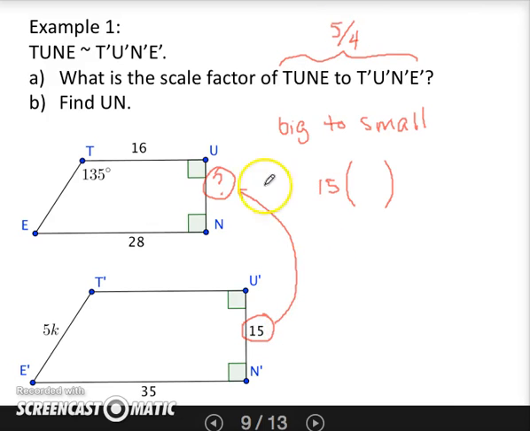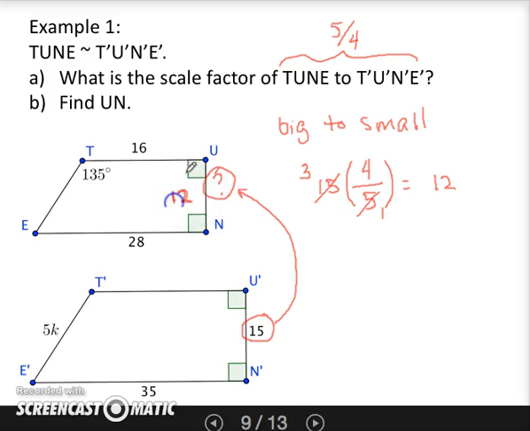So to go the other direction from big to small, we need to say we'll multiply 15 by 4/5. And I can see that 15 and 5 can be simplified to 3 and 1. So I have 3 times 4 over 1, giving me 12, so that my unknown side is 12 units long.